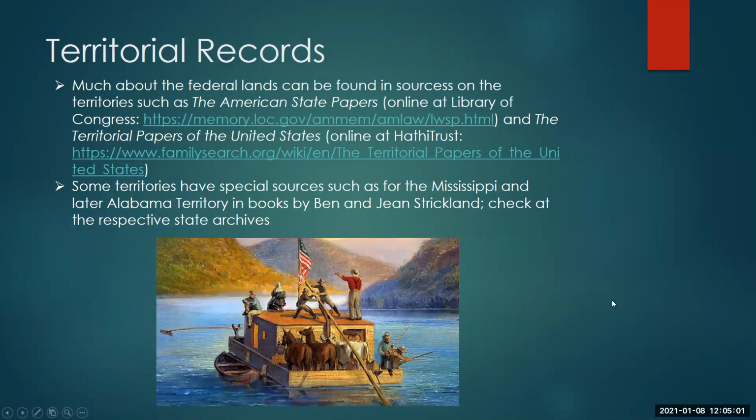Now, much about the federal lands can be found in sources on the individual territories. Now, here's where I talk about the American State Papers. This is a huge set of books. Originally, the United States government did not intend to have an archives. They intended to simply publish all the important papers of the United States.